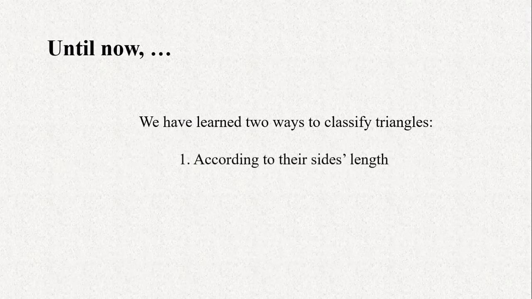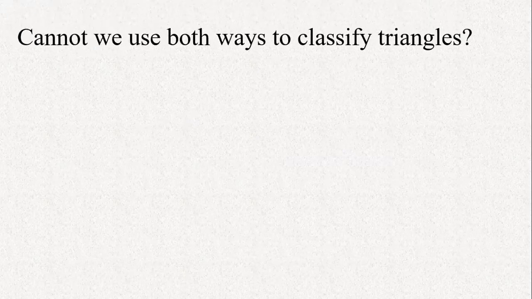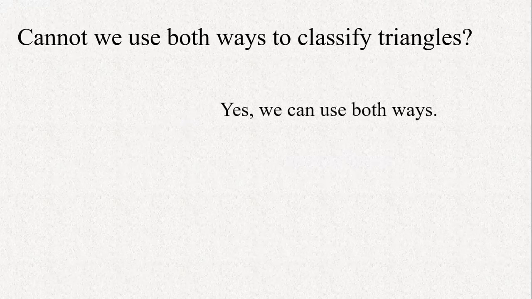First, according to side length, and second, according to angles. But I want to ask you a question. Can't we use both ways to classify triangles? If you said yes, we can, you are right. We can use both ways, and now I want to show it in a GeoGebra file.